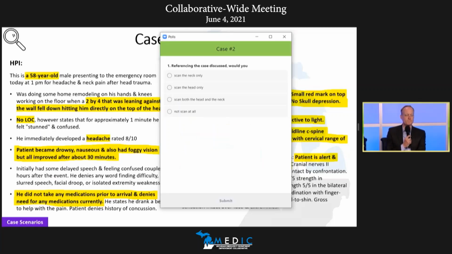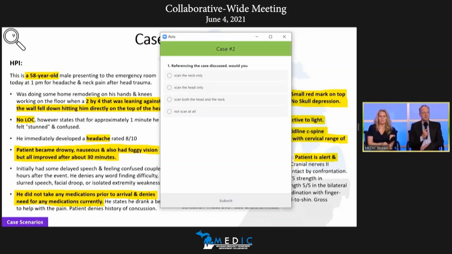There's a couple different questions with this one because one of the things we've talked about as a potential obstacle for following the rule is, gosh, there's some diagnostic momentum here. If you're going to scan the neck, are you just going to scan the head because of that?